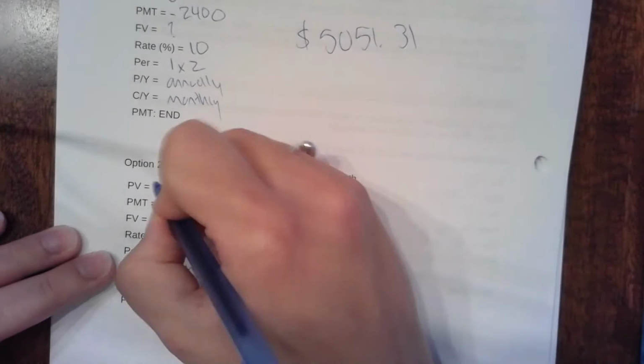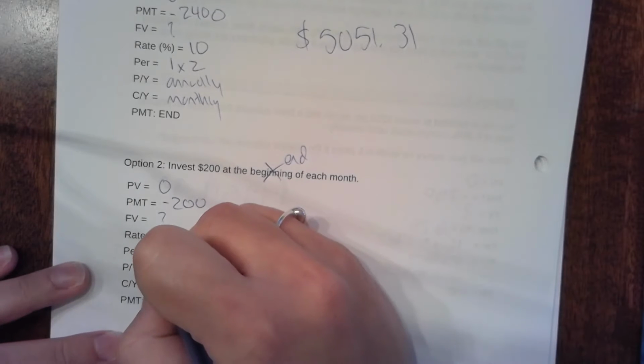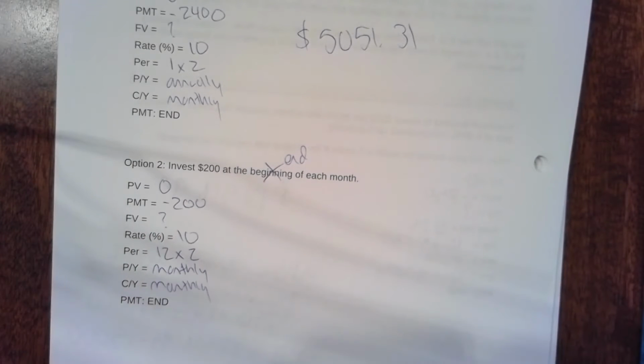Future value, that's what I want to know. Nothing in there to begin with. Periods, 12 times a year for 2 years. And let's see.